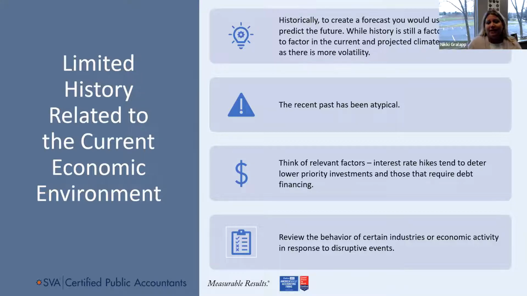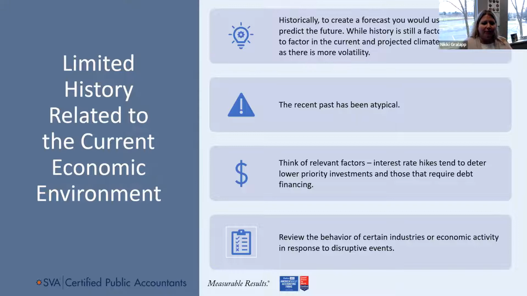Also think of the relevant factors to help you predict what the future might be. Interest rate hikes tend to deter lower priority investments and those that require debt financing. So let's say you're a contractor, what does that mean? Or if you're selling heavy equipment, what does that mean to your sales? If you've been around long enough, go back and look at history to identify what happened last time we were in this type of environment.